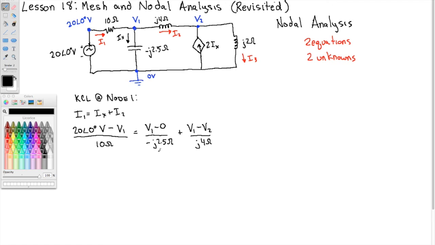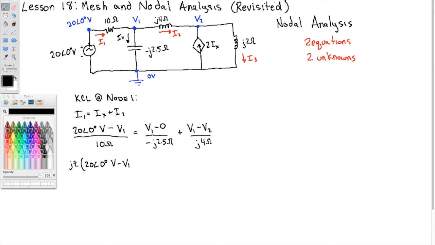I think J20 should do it. If we multiply by J20, then over here I'm left with J2, because the 10s cancel. So I'm left with J2 times 20 angle 0 volts minus V1 J2 ohms.